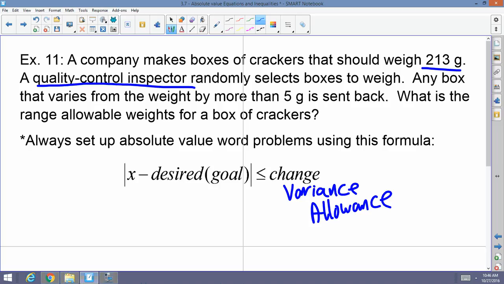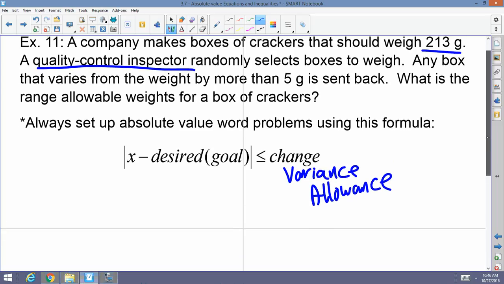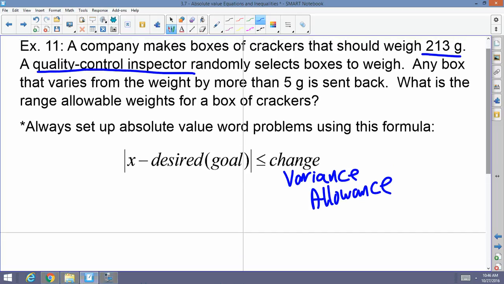So for this particular example, a company makes a box of crackers that should weigh 213 grams. What is the desired goal here? 213. So, the absolute value of x minus 213 is less than or equal to what's the allowable change, the allowable variance? 5 grams.